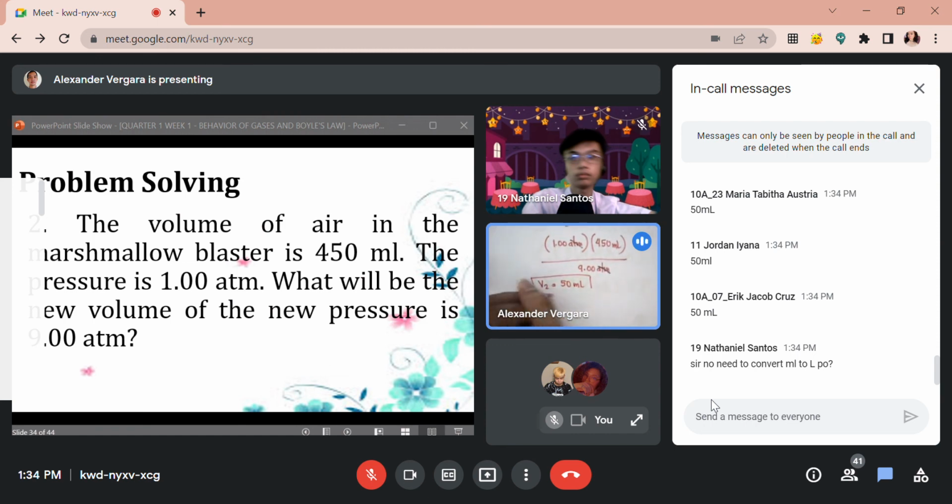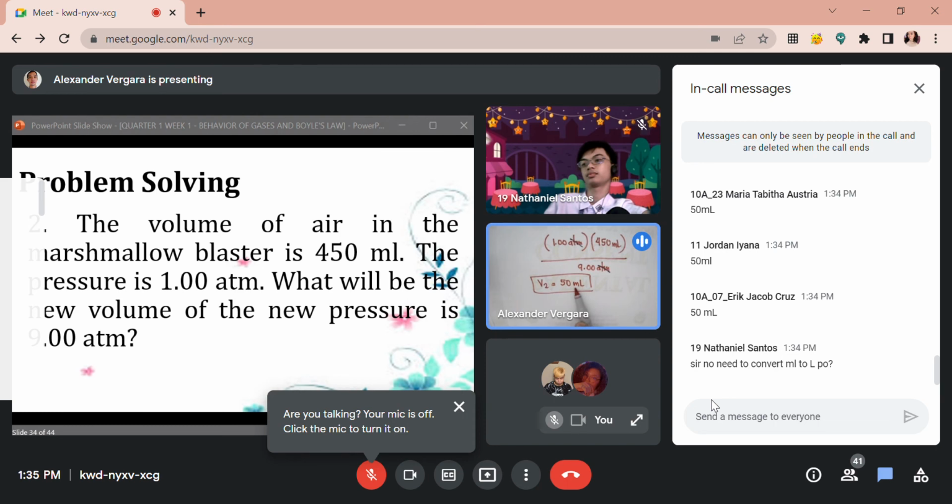Nice one. So 1.00 times 450. Sir, no need to convert the ml to liter? No need, because it's already ml. Sir, you said standard unit. If the problem states to convert the volume to liters, then that's the one. Question: who among you converted the 50 ml to liters?